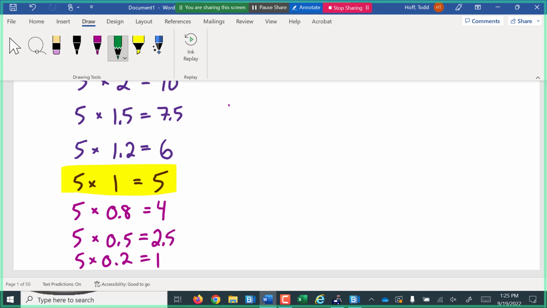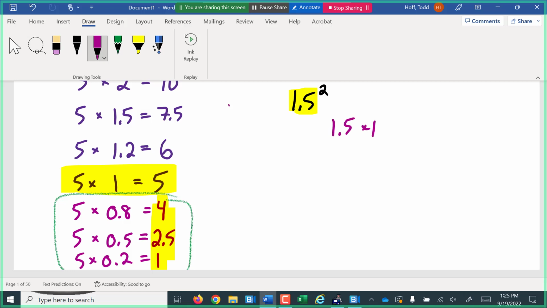Well, again, that break point of multiplying by 1: notice here when we multiplied by something smaller than 1, our numbers did not get larger, they got smaller. So if you're multiplying by something smaller than 1, you're actually reducing the size of the number. So when we go to take a power, if I have something like 1.5 squared, well, 1.5 is bigger than 1. So when I square it, I'm multiplying it by itself, so I'm multiplying it by something bigger than 1.